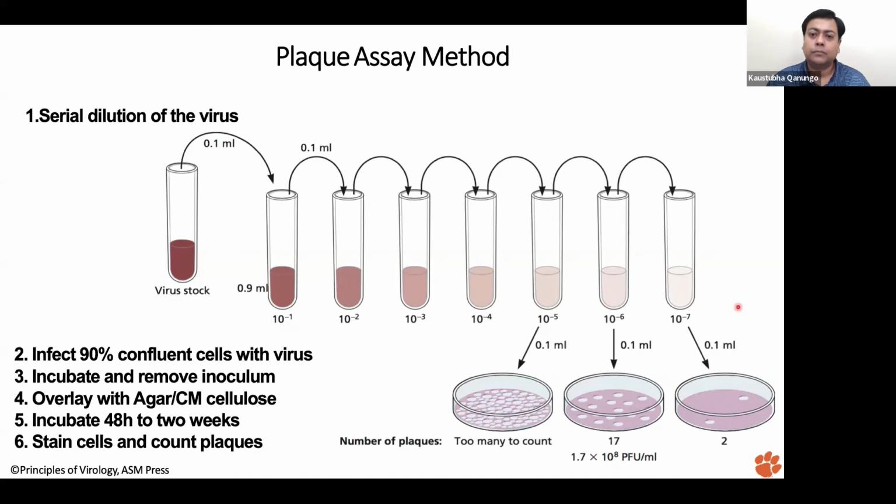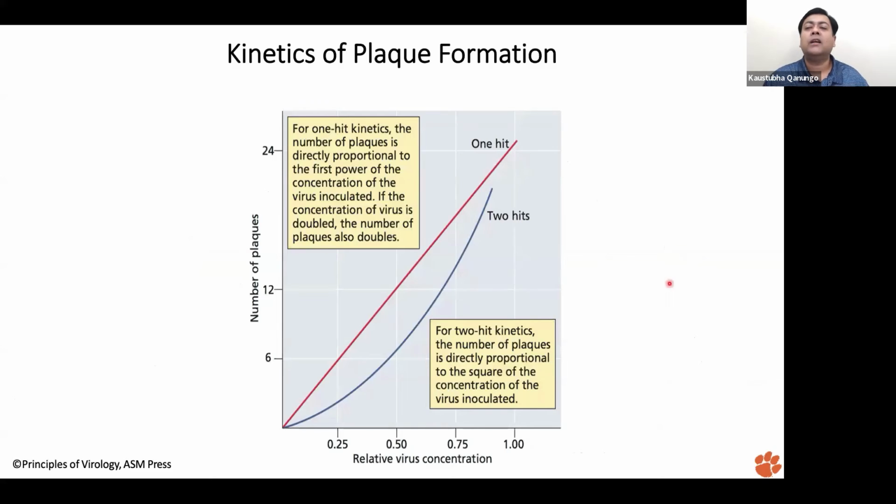That is correct. So right here, what you were talking about, if one virus particle gets into one cell and forms a plaque, what we get is called one-hit kinetics. The number of plaques is directly proportional to the first power of the concentration of the virus inoculated. If the concentration of the virus is doubled, the number of plaques doubles. So you can check that.